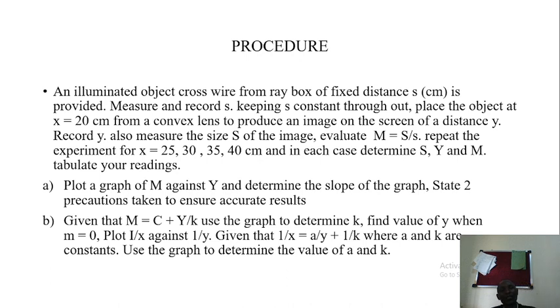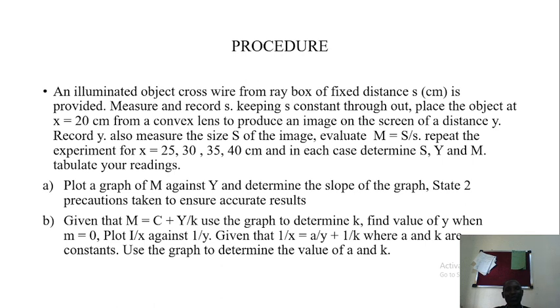You shift to the next X, which is now 25. You vary your screen to get a new value of Y, and of course measure the image of the opening of the ray box, which is noted with your capital S on the screen. You do that for 30, 35, and 40 respectively, and you are done with this work.